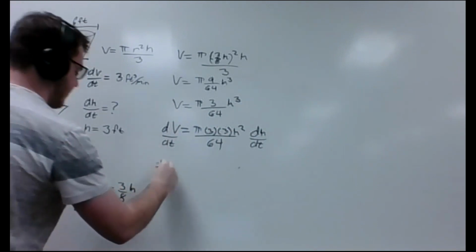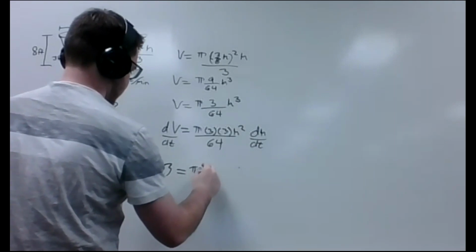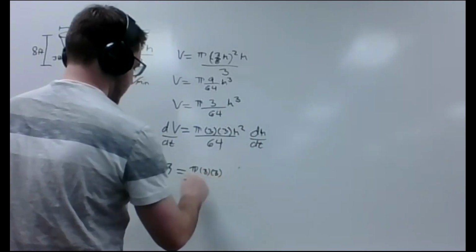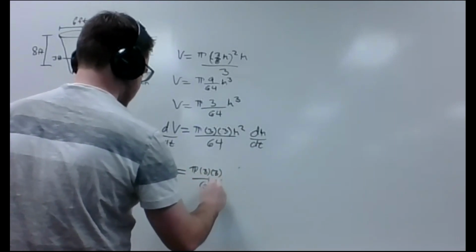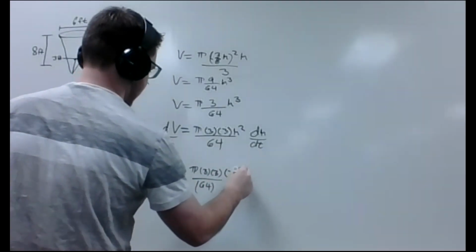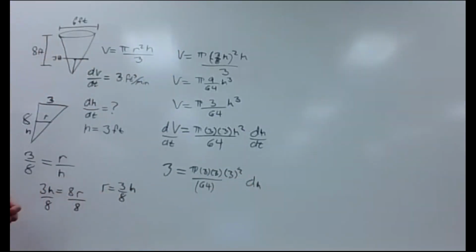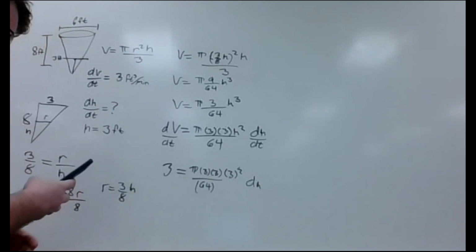So we're going to have 3 is equal to pi times 3 over 64 times 3 squared, it's a lot of 3's, times dh dt. And we can plug this into our calculator to find our answer.